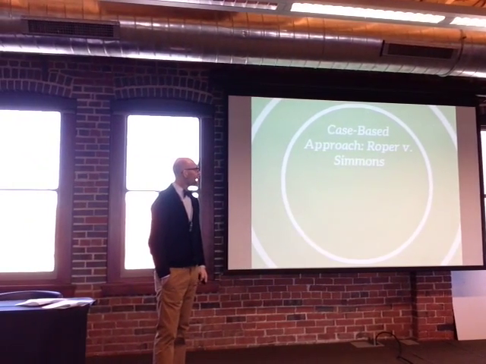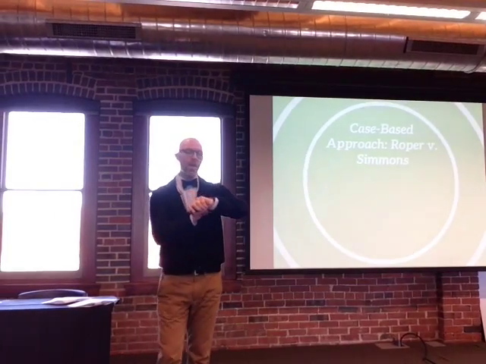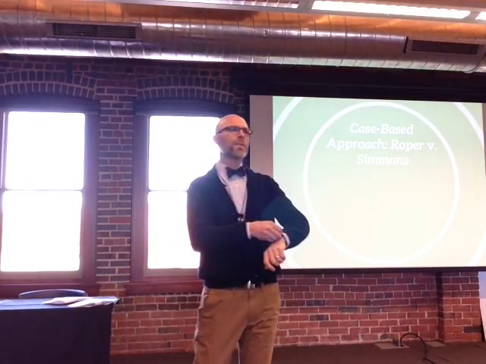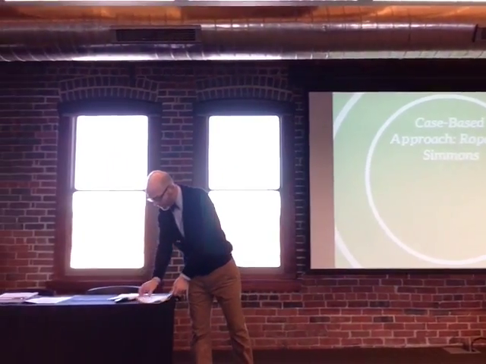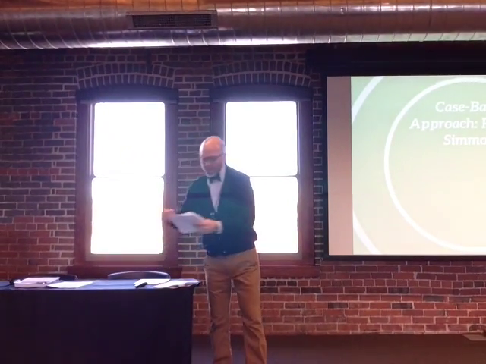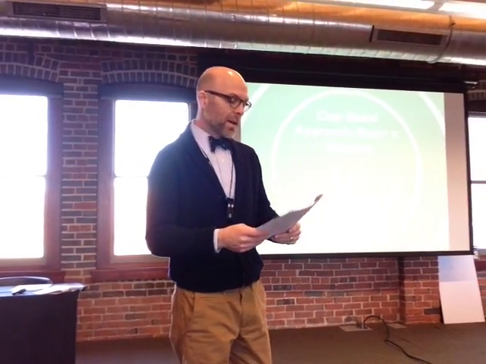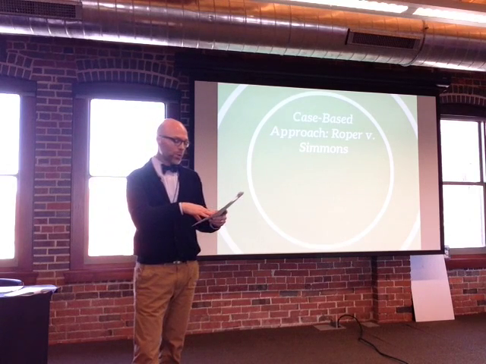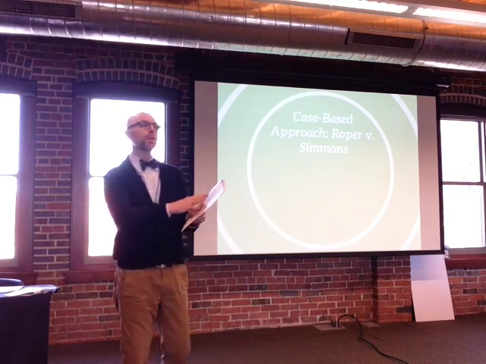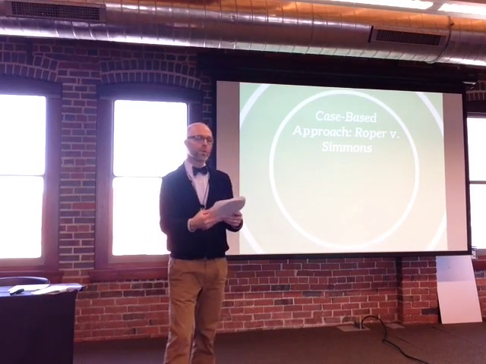I want to take a look at this case of Roper versus Simmons. I'm going to show you about a 3-minute video on C-SPAN that summarizes what's going on in the case. Then in the document packet, where it says handout 4, evaluating opinions, after we watch this short video clip, I'm going to ask you to read through those 5 statements and say whether the statement reflects an originalist approach or a living Constitution approach.